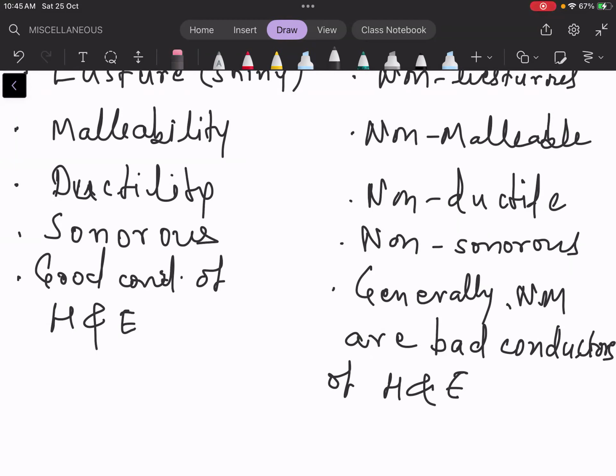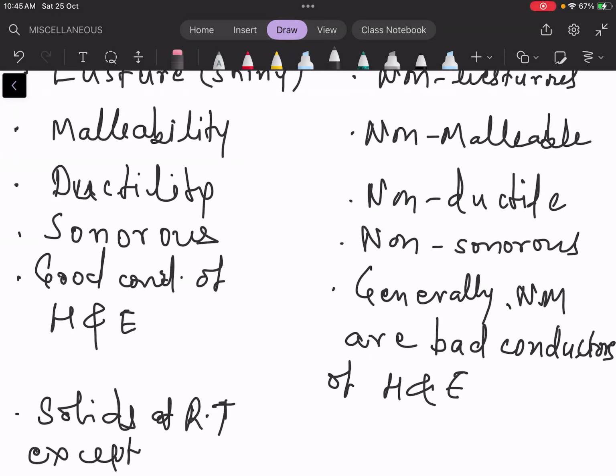Now, next point. Generally, metals are solid at room temperature, except mercury, which is liquid.